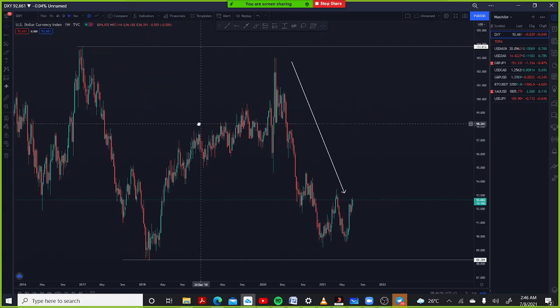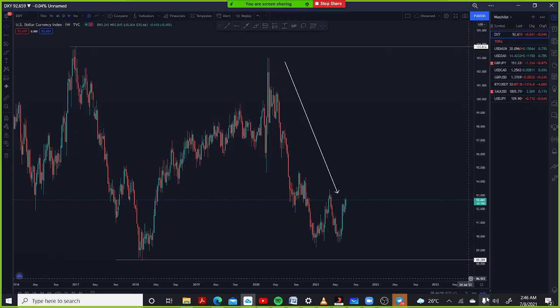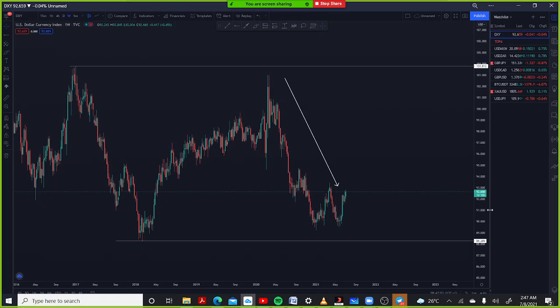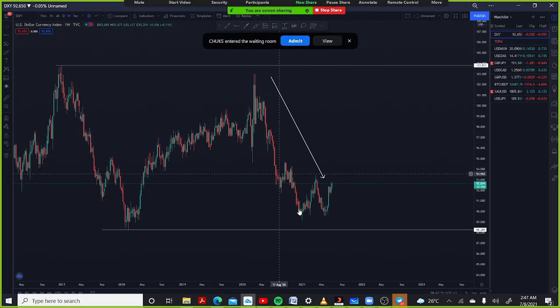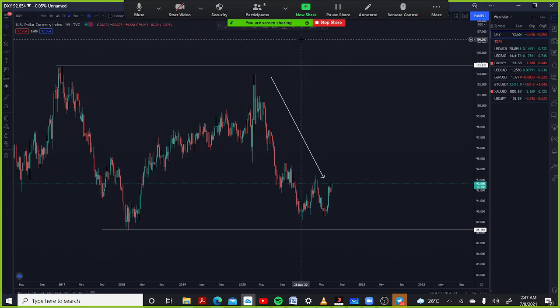So what we want to do, we want to look into the most recent structure I see on price here, which is from this high to this low.